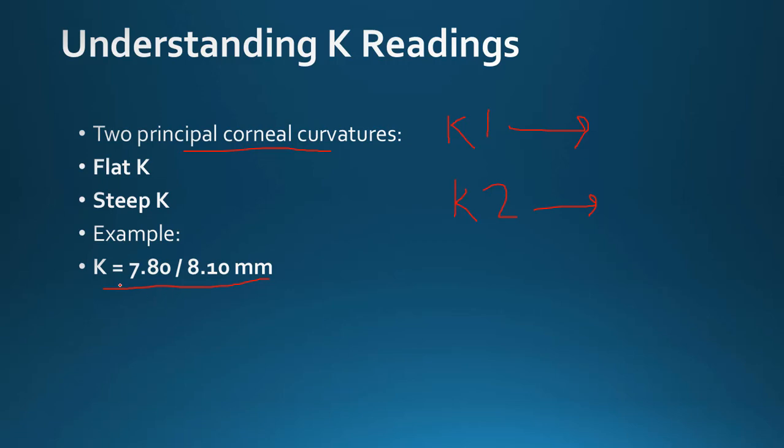You can see here K reading is equal to 7.80 and 8.1 millimeter. There you have two readings. One will be the flattest K and the other will be the steepest K. In this example, 8.1 shows us the flattest surface. So this will be our flat K, and 7.8 will be steep K. So this is how K readings are documented.